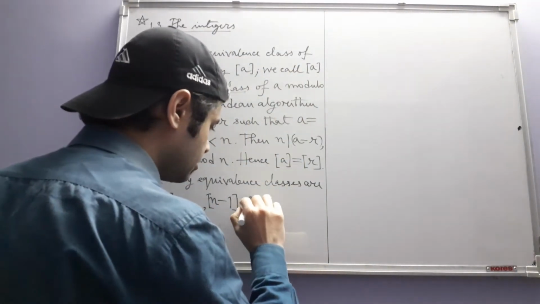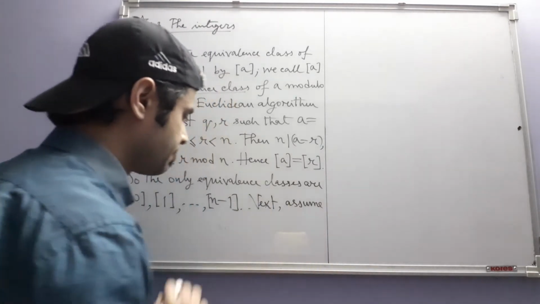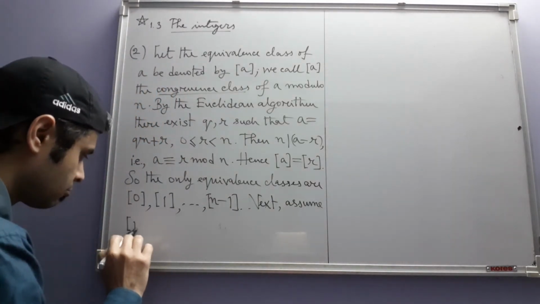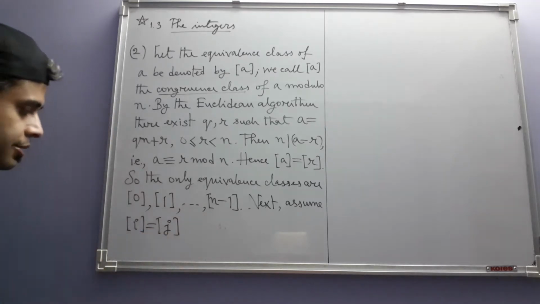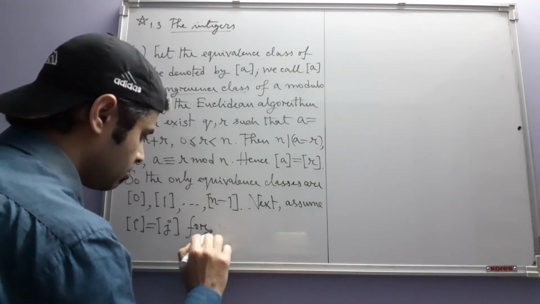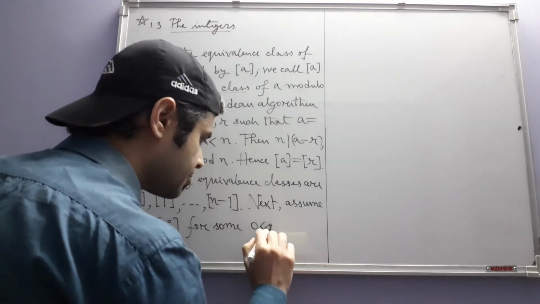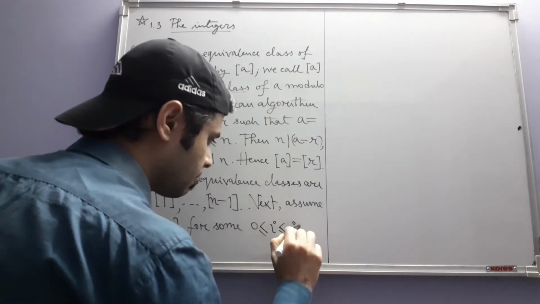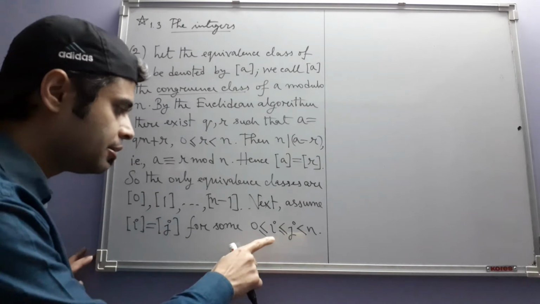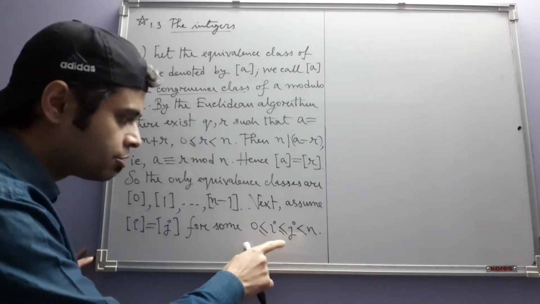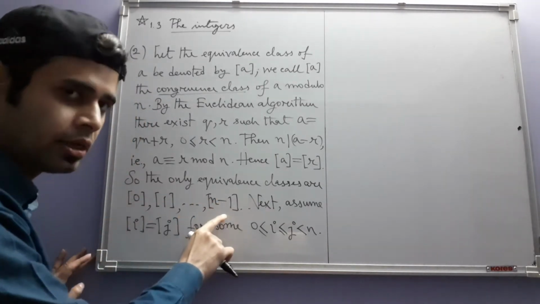Okay. Next, assume the class containing i is equal to the class containing j for some integers i and j satisfying these inequalities. What we are assuming here is that each of i and j is one among these numbers from 0 to n minus 1.